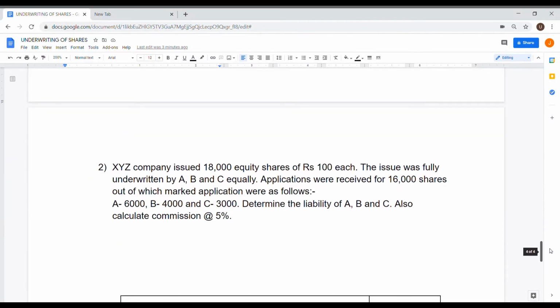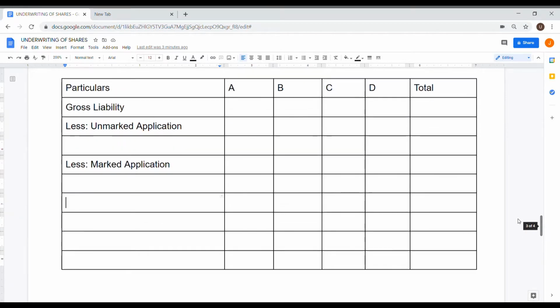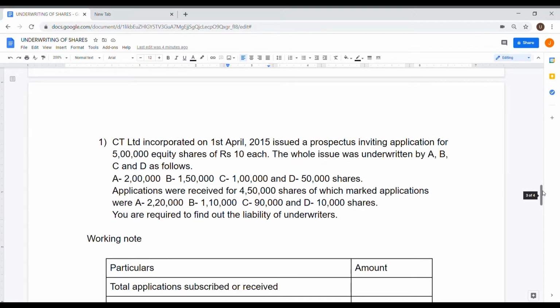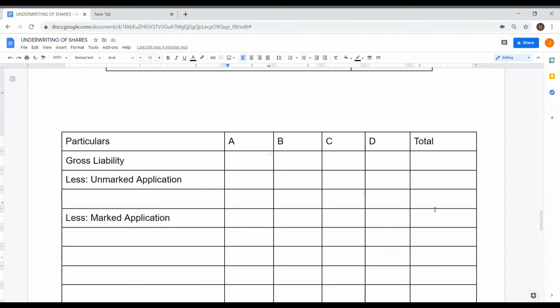First we'll go to the calculation of net liability of underwriters. Gross liability: what is the gross liability that they have given? For A it is 2 lakh, B 1 lakh 50,000, for C 1 lakh and for D 50,000.